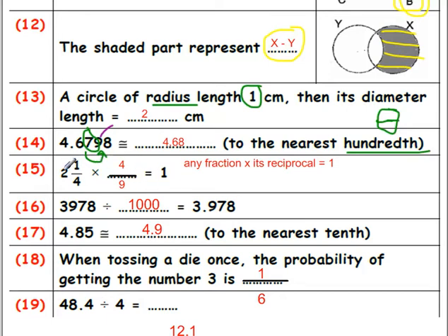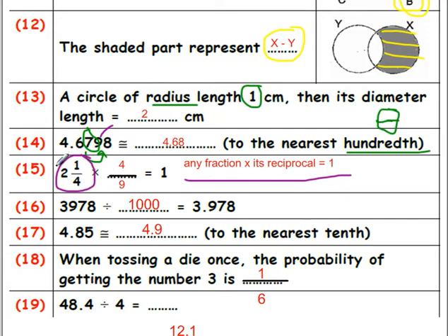Number 15. 2 and a quarter times what equals 1? You know that any fraction times its reciprocal equals 1. What is the reciprocal? Reciprocal means upside down. But here I can't get the reciprocal of 2 and 1 over 4 without converting this mixed number into an improper fraction.